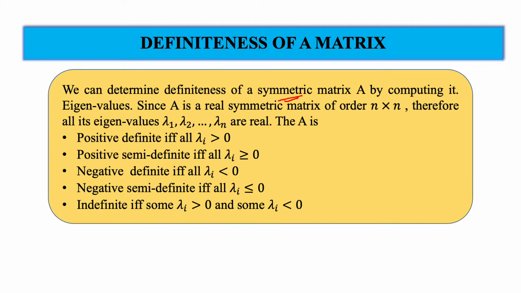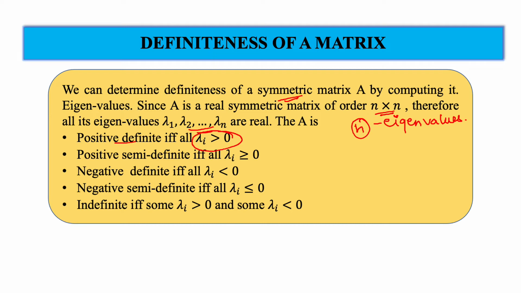It is of order n into n, which means that it will have n eigenvalues, lambda 1, lambda 2 till lambda n, and all will be real. Then matrix A is positive definite if and only if all its eigenvalues are strictly greater than 0. You find all the eigenvalues of the real symmetric matrix A.